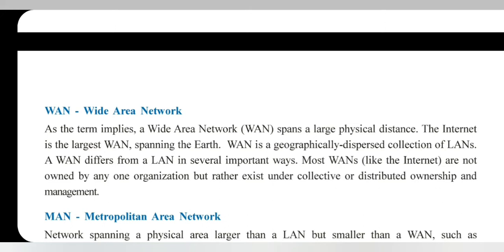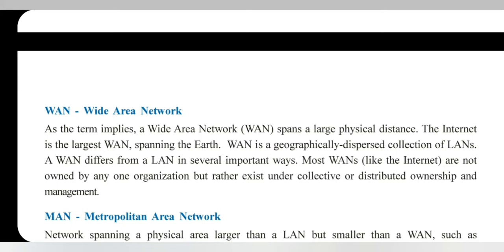Now if we want to connect this Bhavnagar LAN and the Ahmedabad LAN with each other, geographically they are at different locations, yes. So both LANs you can connect with the help of WAN, means with the internet. Like this, the wide area network is used over a large physical distance, and basically it combines the multiple LANs and MANs together.